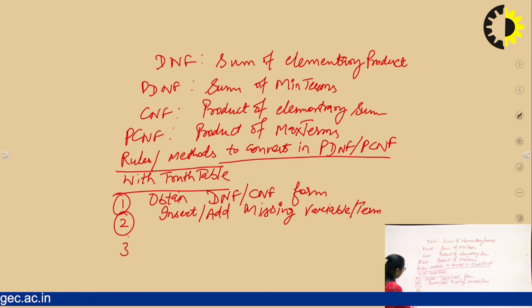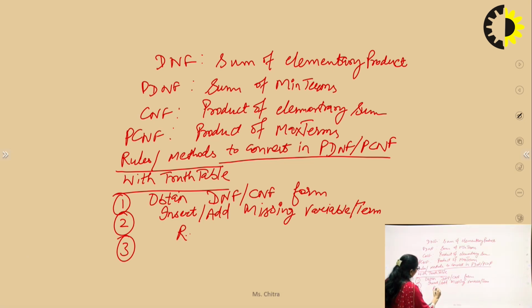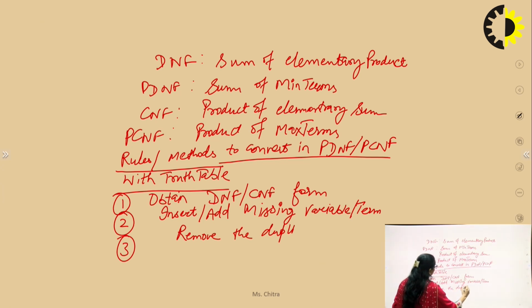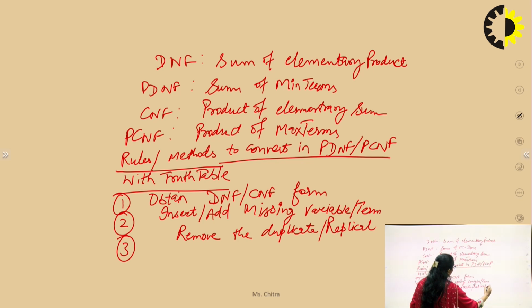The third, after adding the missing term, is to remove the duplicate or replicate term, which is repeating itself. We will see which term is repeating and remove it.